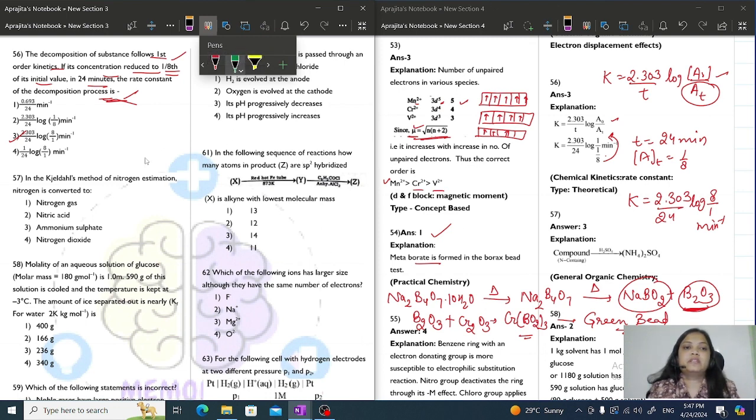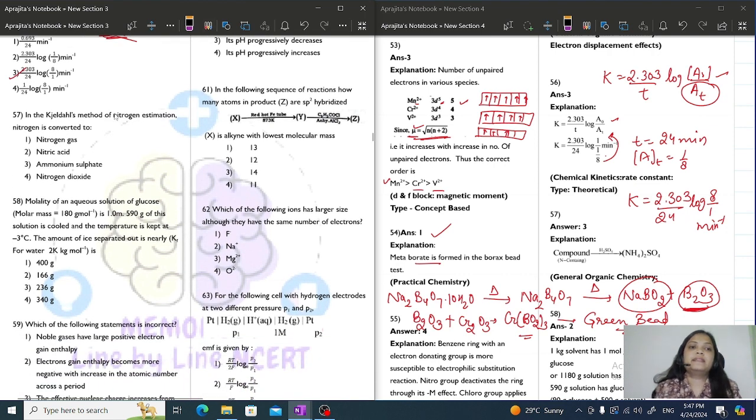Question number 57, let's move on to that. In Kjeldahl's method of nitrogen estimation, nitrogen is converted to nitrogen gas, nitric acid, ammonium sulfate, or nitrogen dioxide. Now when we do the nitrogen estimation, the nitrogenous compound is treated with sulfuric acid in the presence of copper sulfate to form ammonium sulfate.